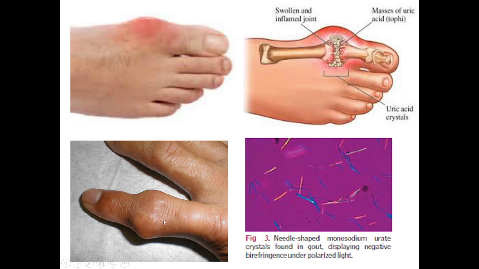And this swelling here results from uric acid crystal deposition in addition to inflammatory tissue, and this is a chronic form of gout, or what is called tophus. This sign here is a tophus, and the whole condition is called tophaceous gout.